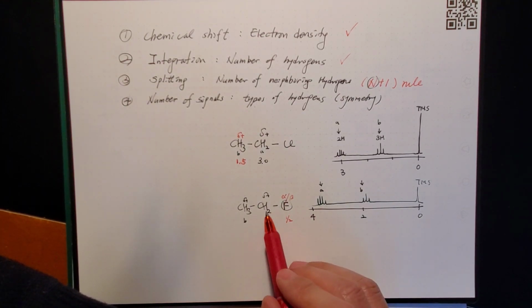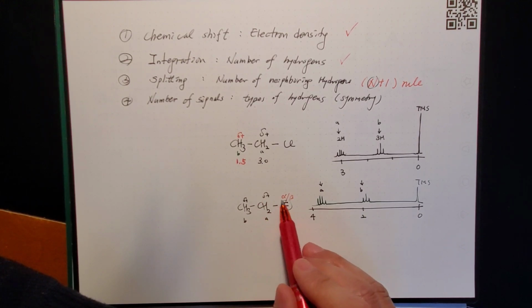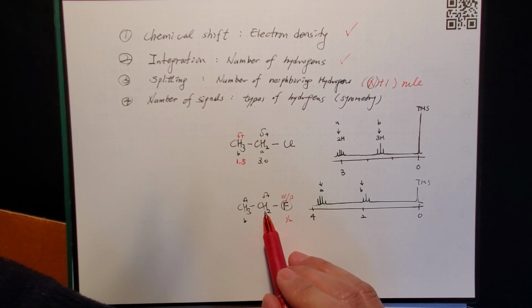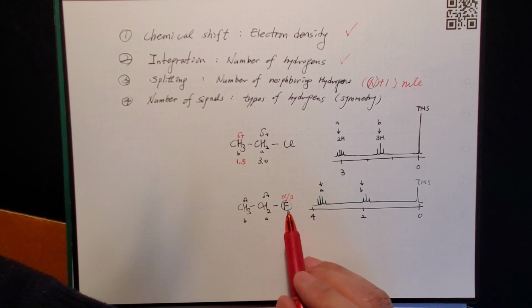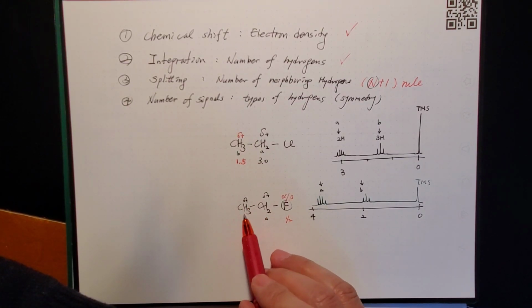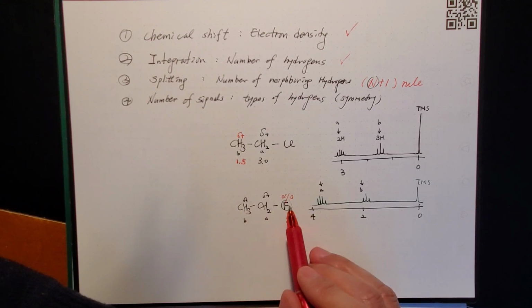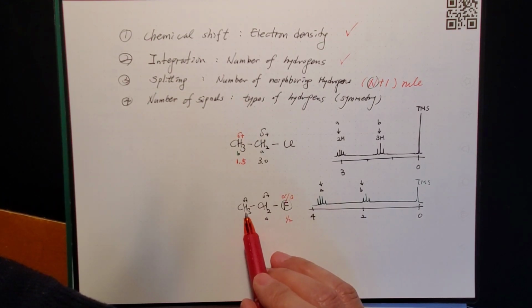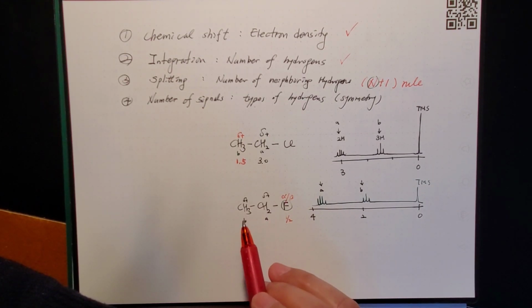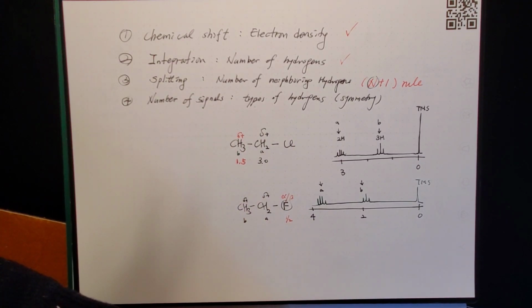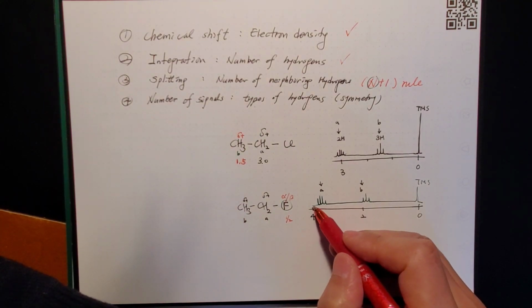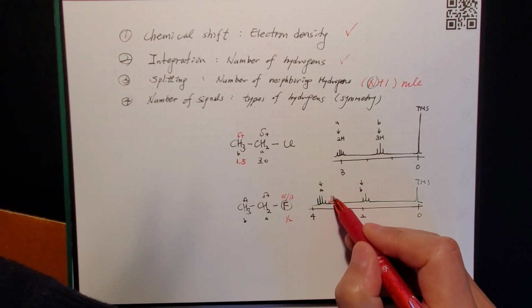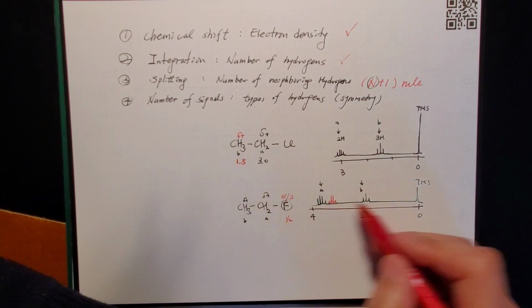So the closer hydrogens get more influence and split into two different levels. And this one also gets influenced by the fluorine, so this also gets two sets of the same peaks. So in reality, you get another quartet, and that's made by the fluorine.